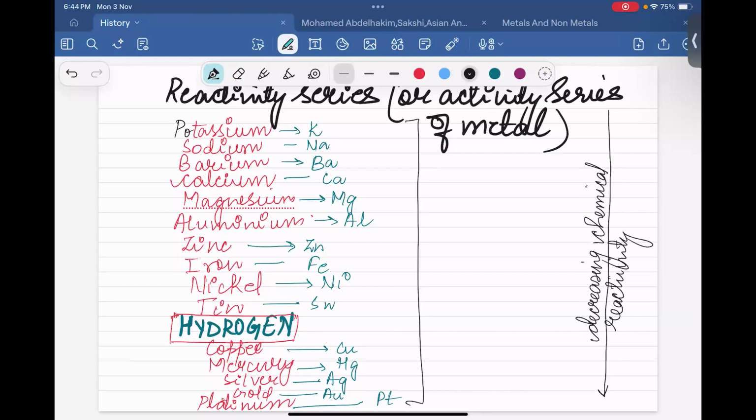Platinum is less reactive, or we can say least reactive, and potassium is most reactive.